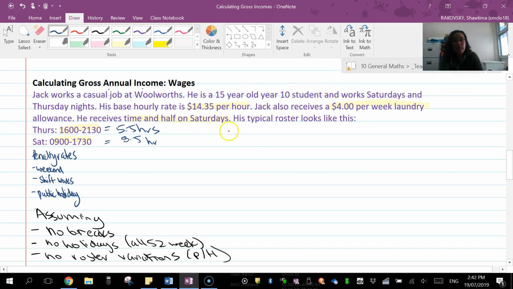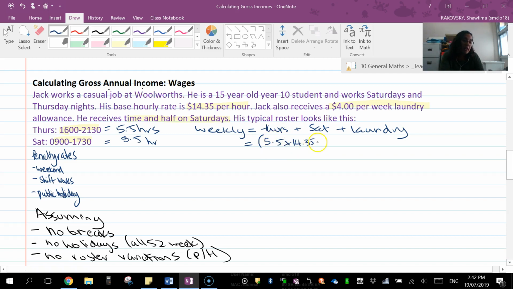So their weekly amount is going to include their Thursday plus Saturday plus laundry, which means that you would work out the pay. So Thursday is going to be how many hours worked on Thursday times how much money they're getting paid.